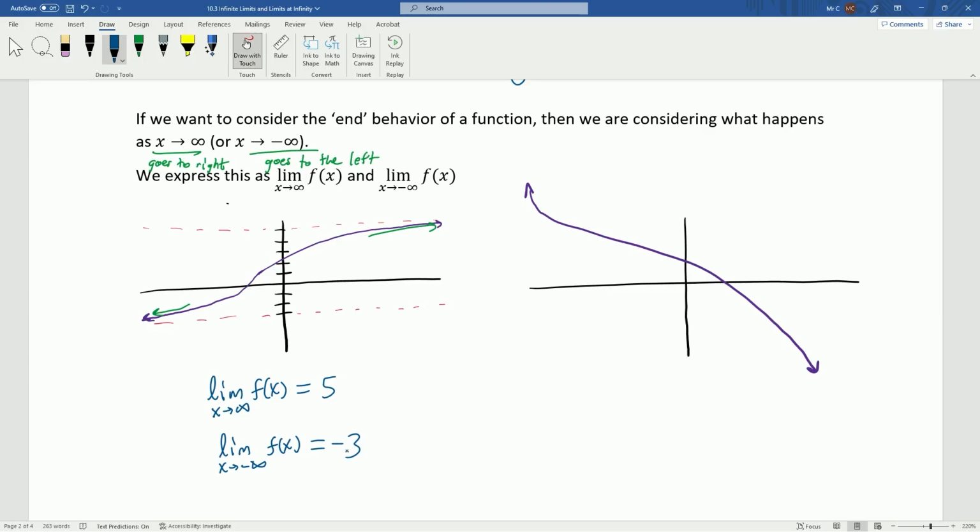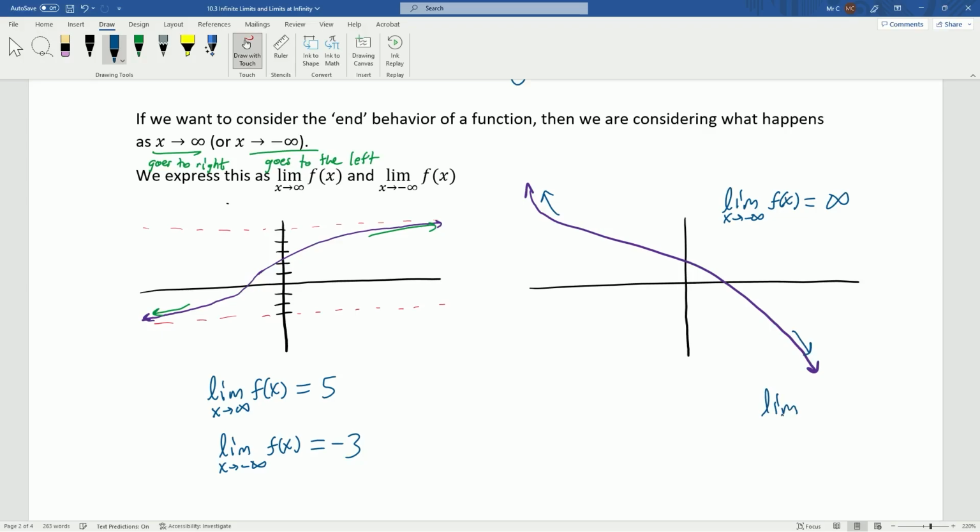All right. And now let's take a look at this case over here. So when I approach towards the left, we'll do that one first this time. As x goes to negative infinity, my graph is going upwards. So my y value is going up, so I just say the limit of that is infinity. Right? So this limit, the x value is approaching infinity and the y value is at the same time.